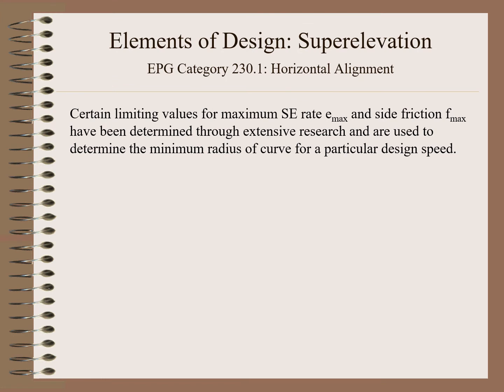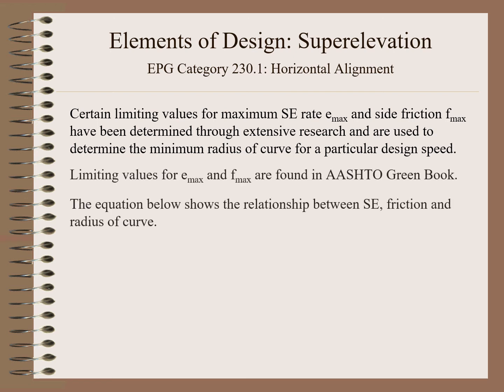Certain limiting values for maximum superelevation rate, Emax, and side friction, Fmax, have been determined through extensive research and are used to determine the minimum radius of curve for a particular design speed. The limiting values for Emax and Fmax are found in the AASHTO Green Book.